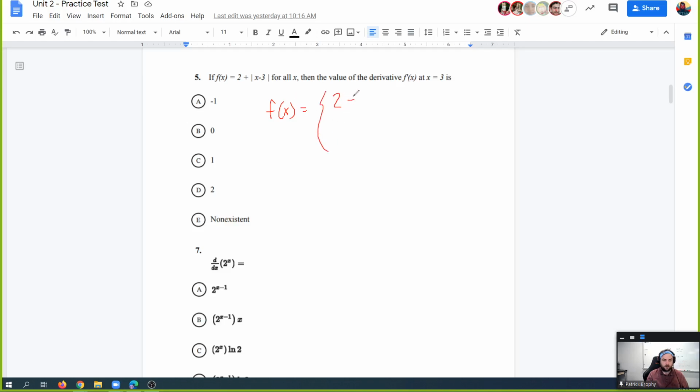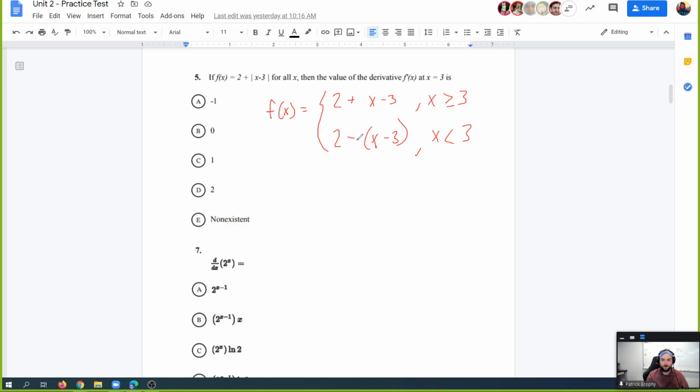You have the equation 2 plus (x minus 3), then 2 minus (x minus 3). The first happens in the domain x is greater than or equal to 3, and the second when x is less than 3, because you have to negate it.